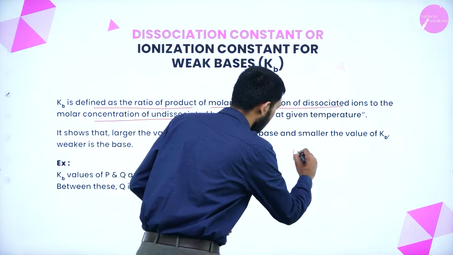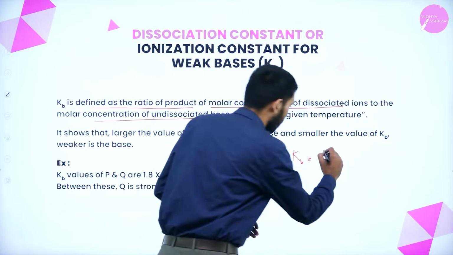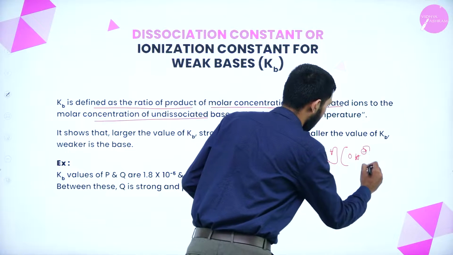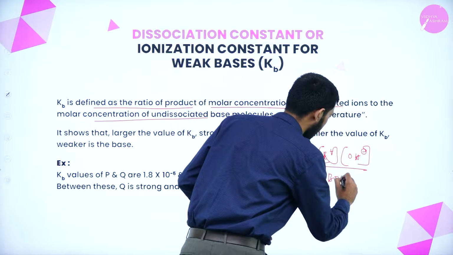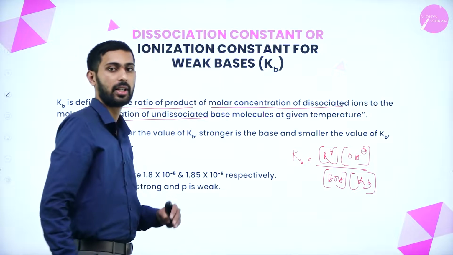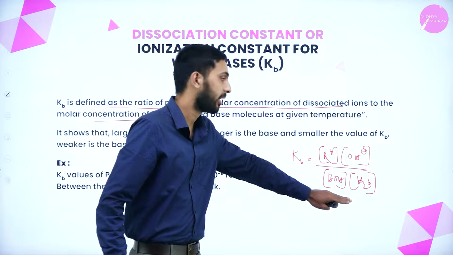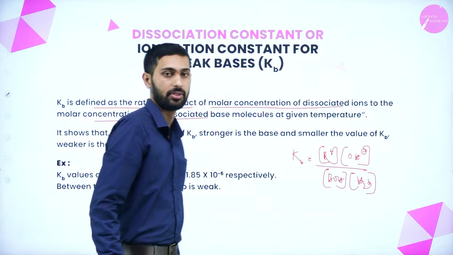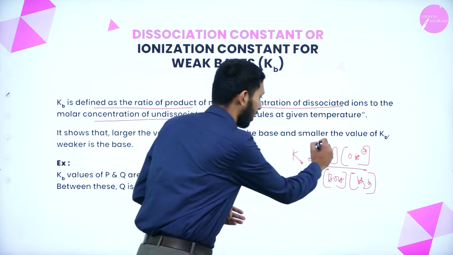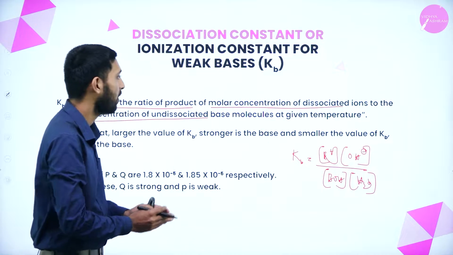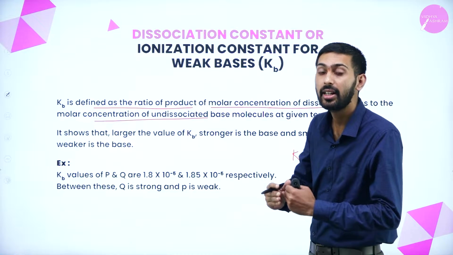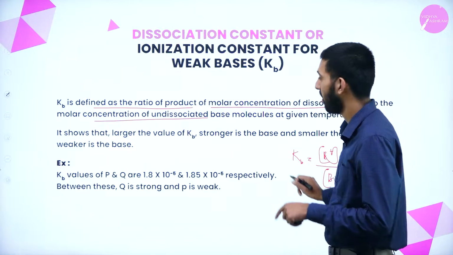Because Kb is equal to dissociated ions divided by undissociated base.